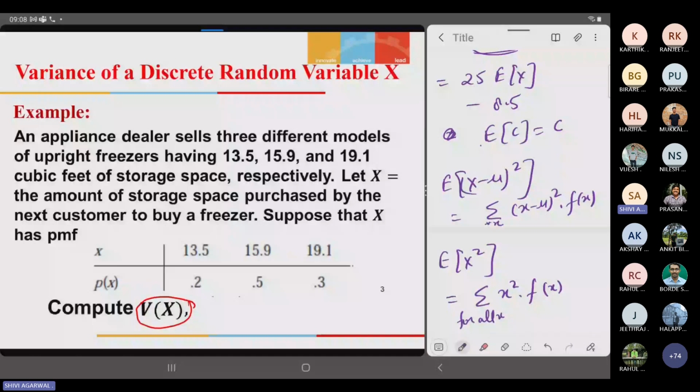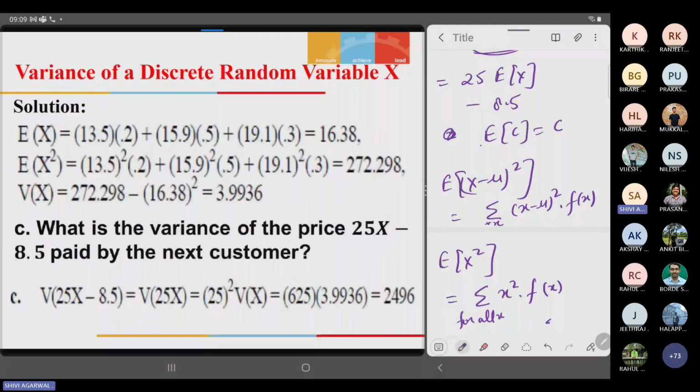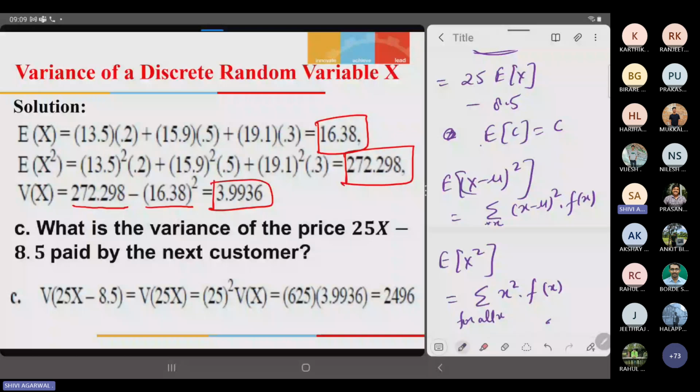We have already calculated the expected value of x square and the expected value of x, so we can apply this formula directly. The expected value of x is 16.38, from the previous example. The expected value of x square we have calculated as 272.298. So the variance is 272.298 minus 16.38 whole square, and the variance comes to 3.9936. Direct formula.